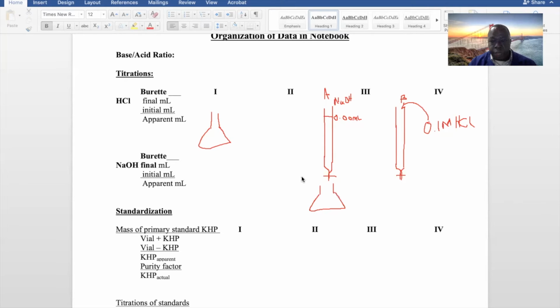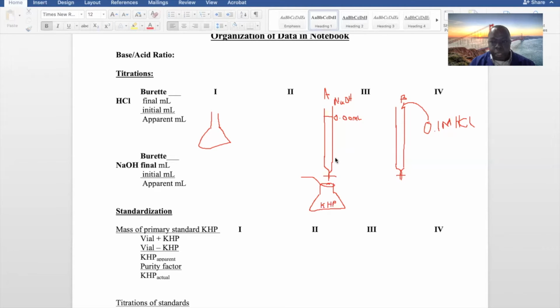If you have phenolphthalein in this sample, assuming you over titrate until you see an intense pink color, that signifies that you went beyond the equivalence point, the point where the number of moles of NaOH equals the moles of KHP. Remember, you had KHP here with known mass. From this known mass, you can find the number of moles. But that is not what we are looking for at the moment.